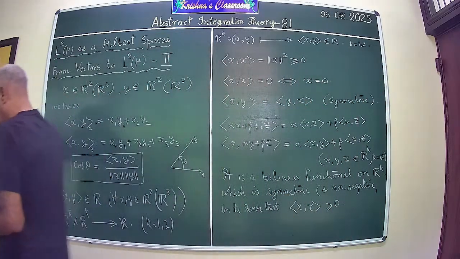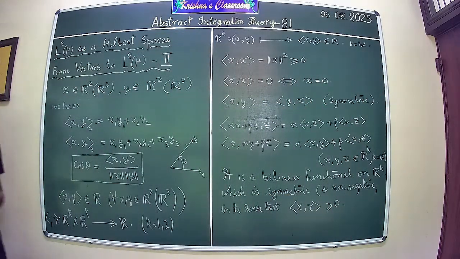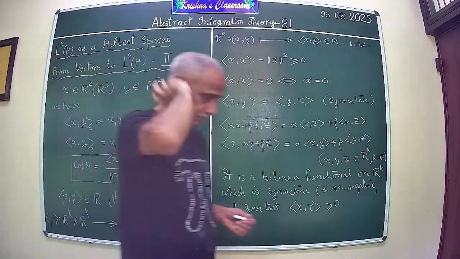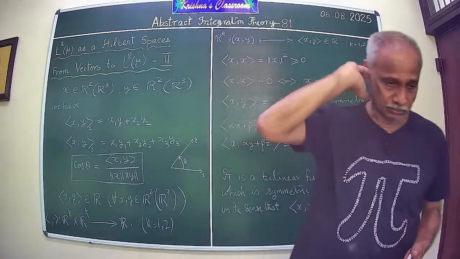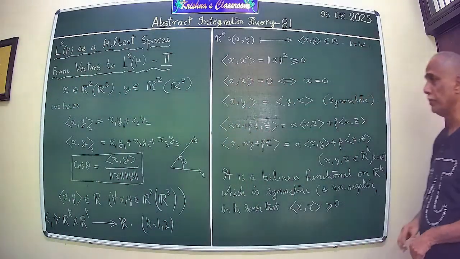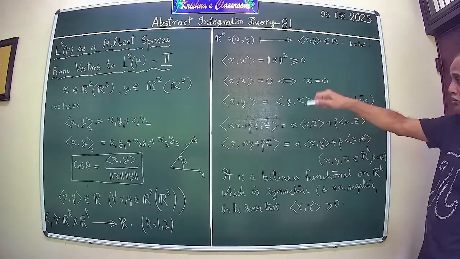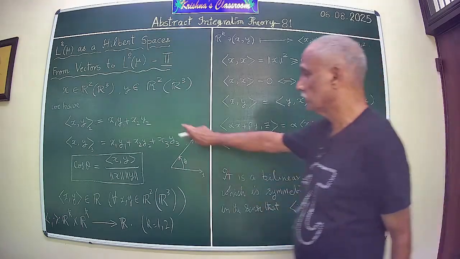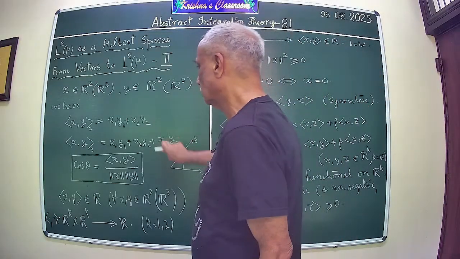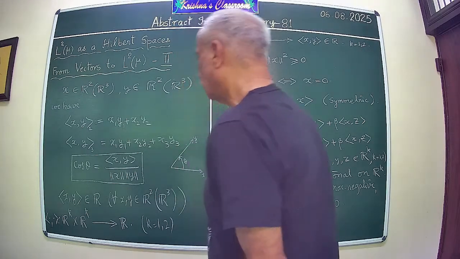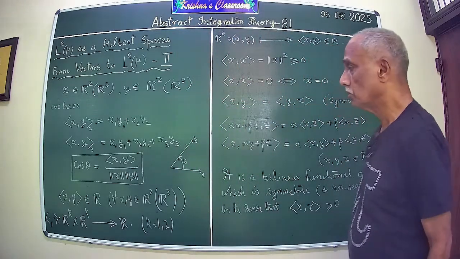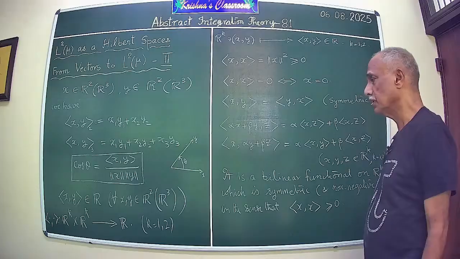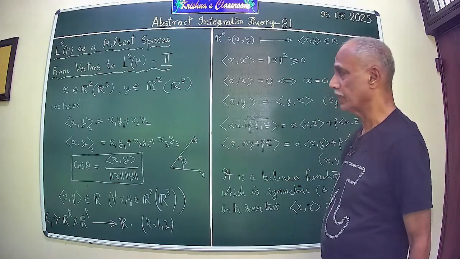So these are the basic properties that we just got. So that gives some insight into the expression that we have identified to represent the angle between the two vectors.